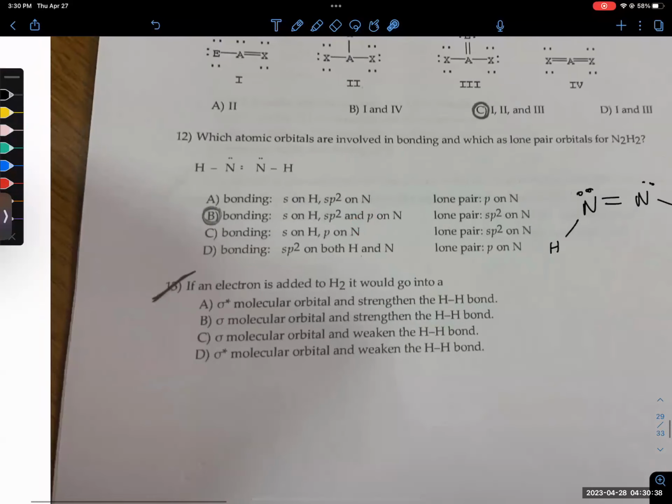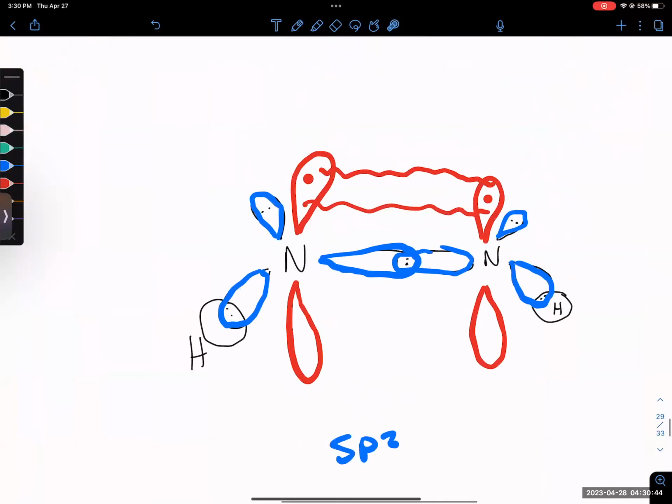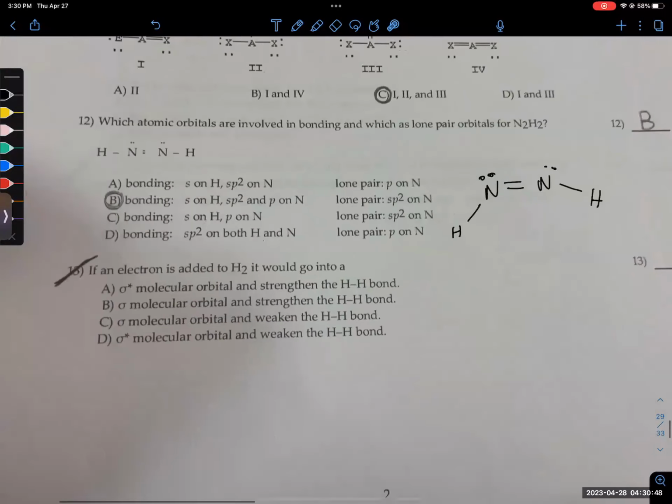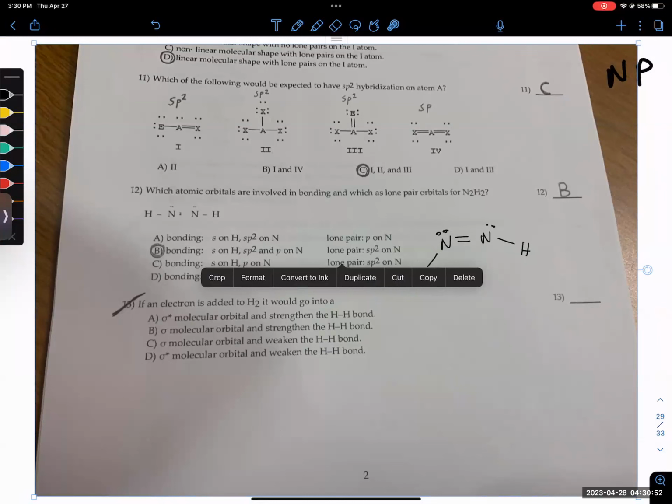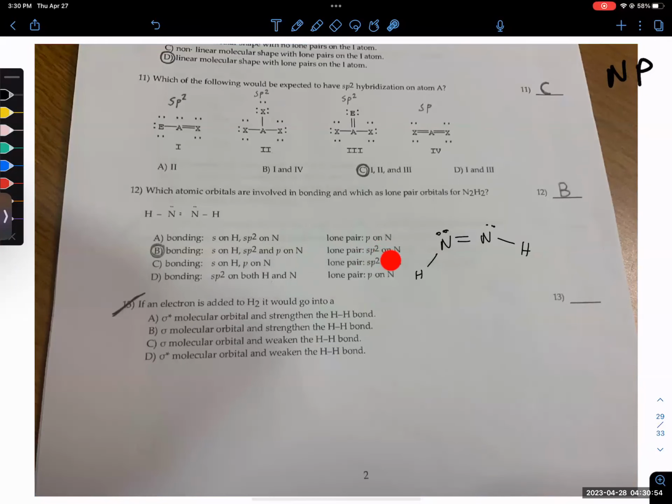Which is why nitrogen is using sp2 and p. Hydrogen is just using s. And we see that the lone pair over here occupies a blue sp2 hybridized orbital, which is why the lone pairs on the nitrogens occupy that blue sp2 orbital.